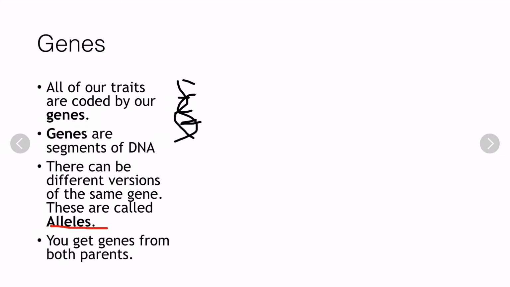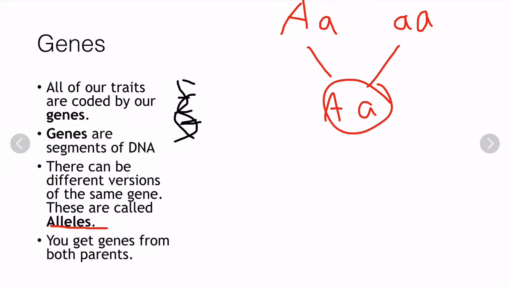So let's say that mom has genes for red eyes and dad has genes for blue eyes, and we get a gene from mom and a gene from dad, and they're two different alleles. This is for red color, this is for blue color, and I get a gene from mom and a gene from dad, and then I have red color. So different versions of the same gene are called alleles.